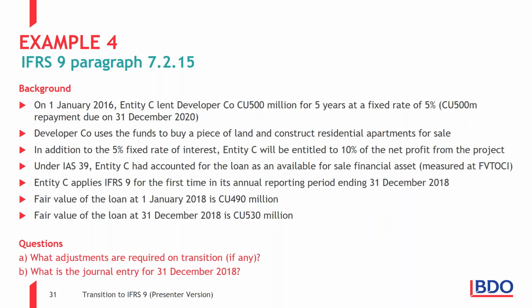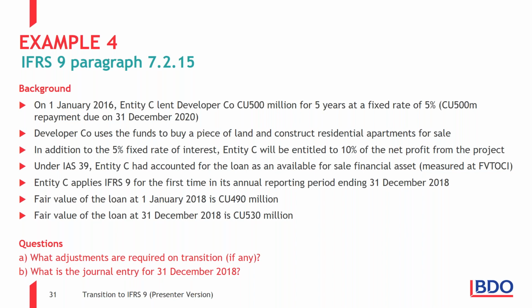So under IAS 39, Entity C had accounted for this loan as an available for sale financial asset measured at fair value through OCI, and remember, impairment losses, however, went to P&L. Entity C applies IFRS 9 for the first time in its annual reporting period ending 31 December 2018, and the fair value of the loan on the 1st of January 2018 is 490 million.